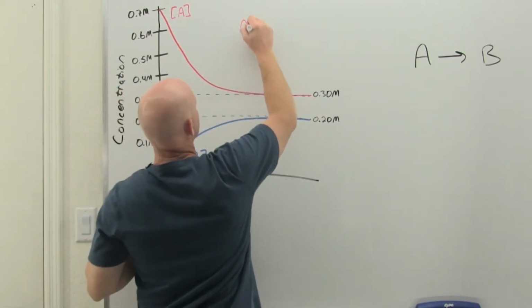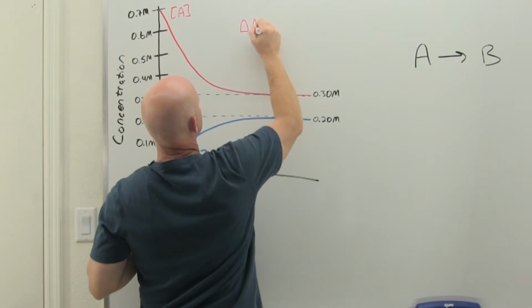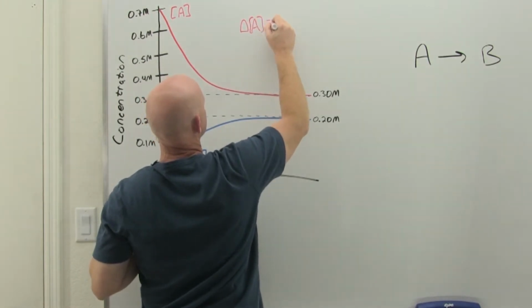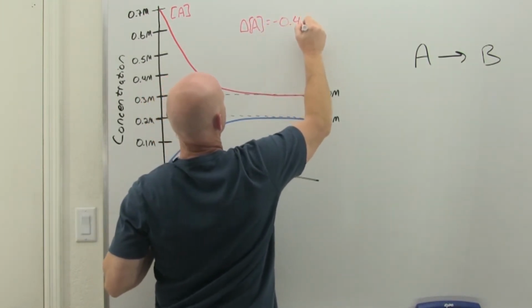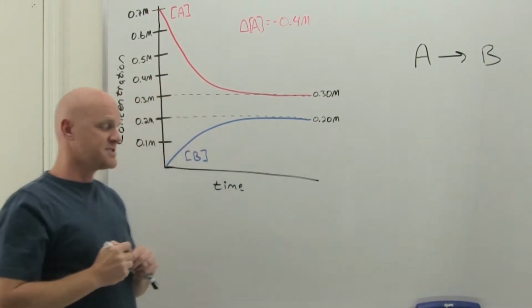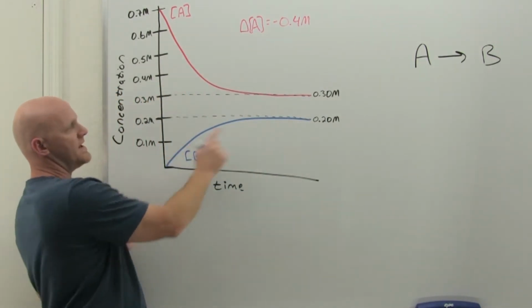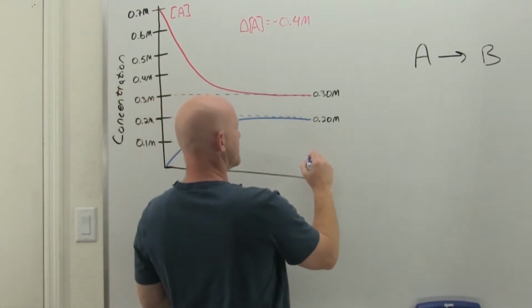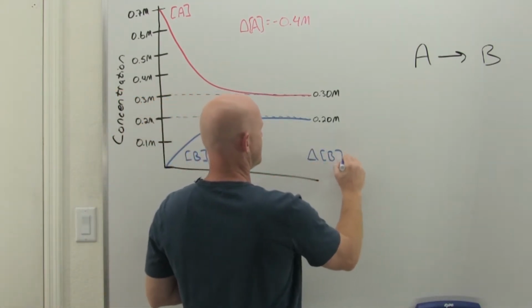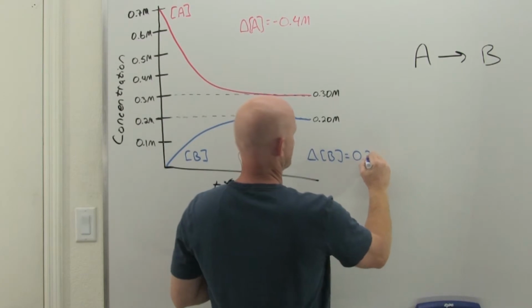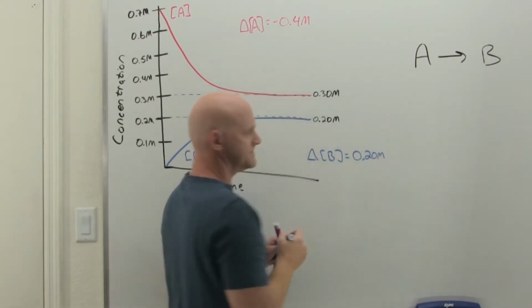So the change in the concentration of A is negative 0.4 molar. That's how much it's gone down by. Whereas for B, it starts at 0 and goes up to 0.2 molar, so the change in the concentration of B is simply 0.2 molar.